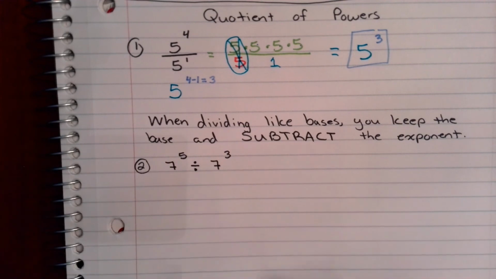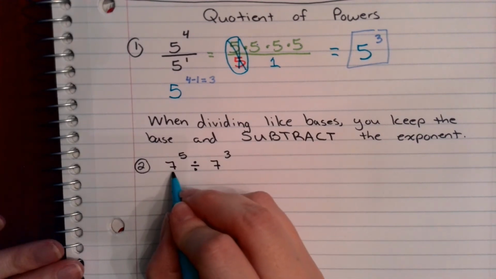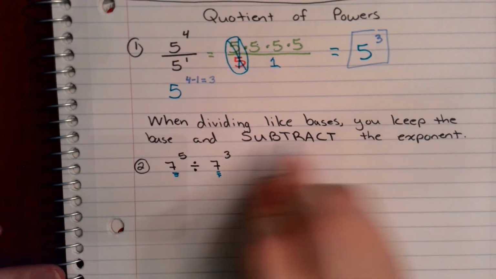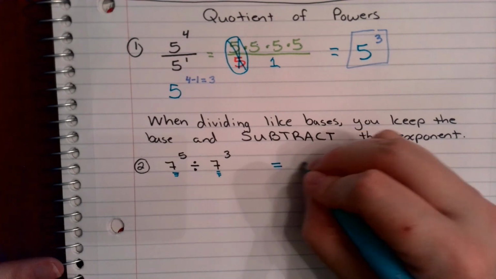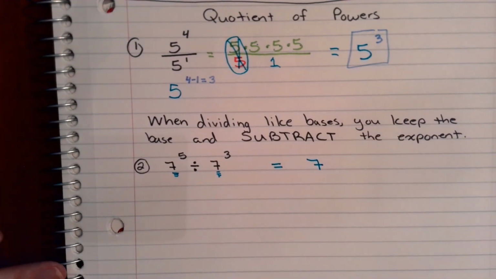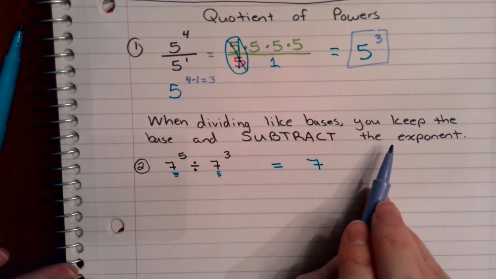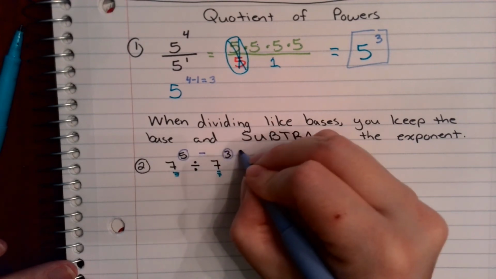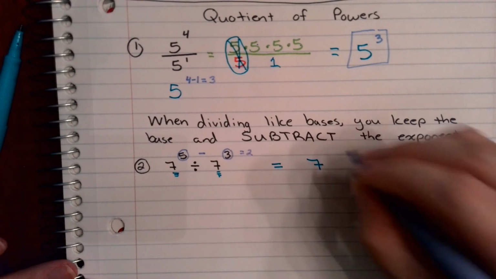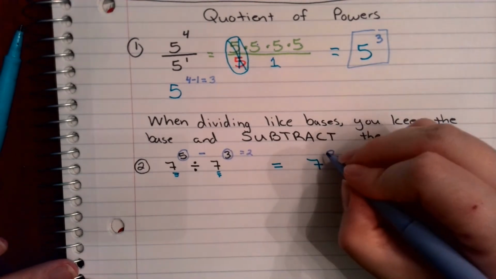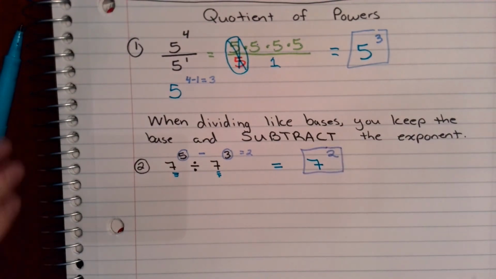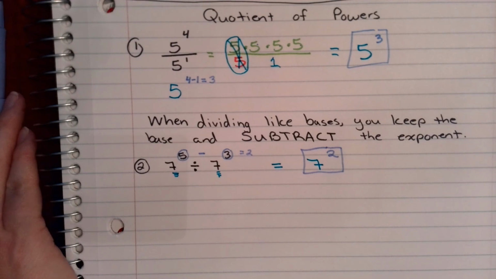Yes, they are both bases of 7. So they are like bases. That means I'm going to keep the base. So I'm going to have an answer of 7 for my base. And I'm going to subtract the exponents. So I'm going to take that 5 and subtract the 3 to get a 2. So my exponent is going to be a 2. My final answer is 7 to the second power.